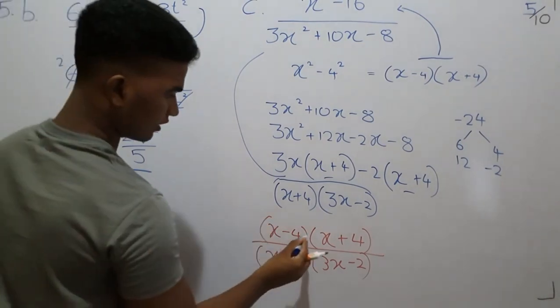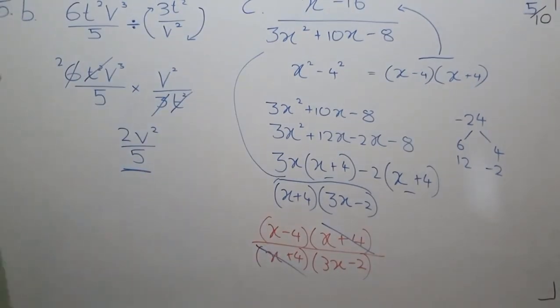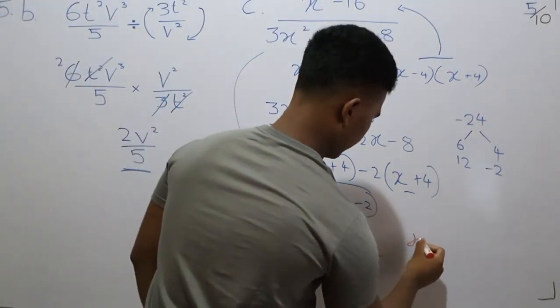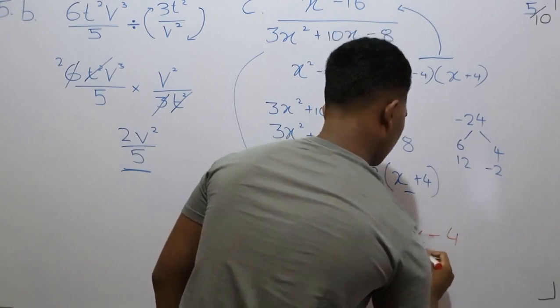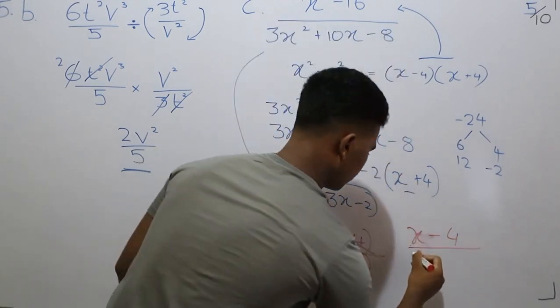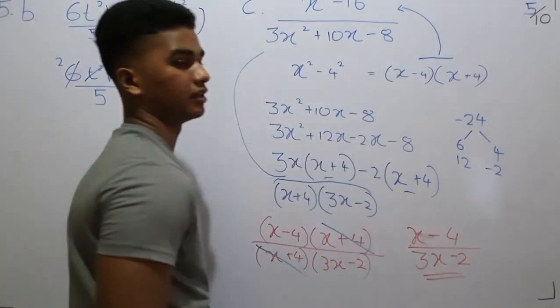So x plus 4 and x plus 4 will be cancelled. So the final answer is x minus 4, whole thing divided by 3x minus 2. This is your final answer.